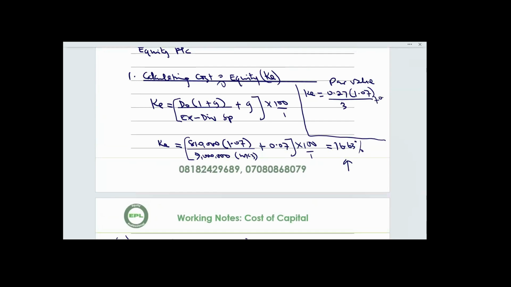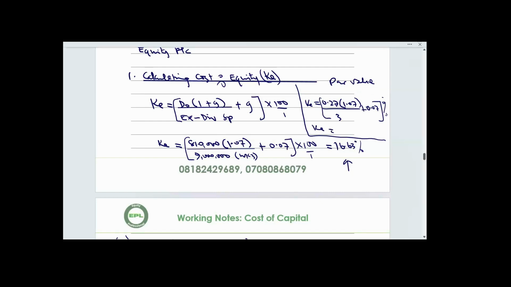That page is too short. It will cut off. Let me reduce it. KE equal to 0.27 multiplied by 1.07 divided by 3 naira plus 0.07, all multiplied by 100%. So your KE should be the same thing.